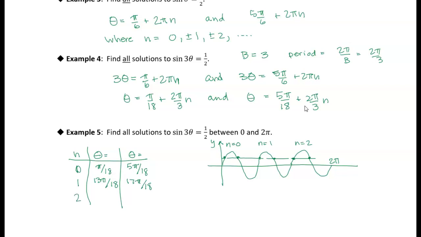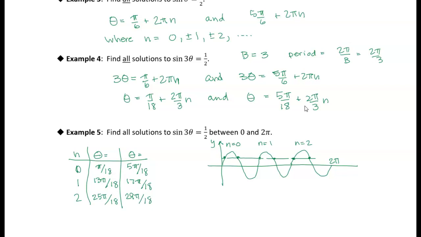All right, and then we can do n equals 2. So now I'm adding 4 pi over 3, which is 24 pi over 18. So for n equals 2, I get 25 pi over 18, and I will get 29 pi over 18.